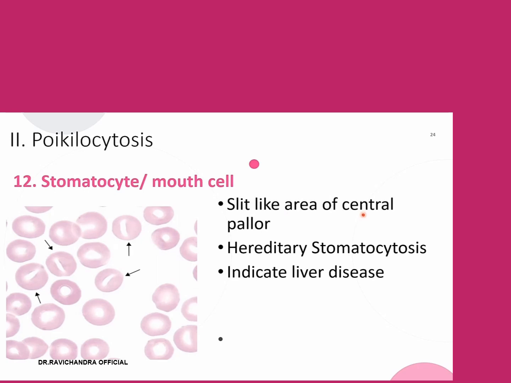Under this poikilocytosis, there is a cell called mouth cell or stomatocyte, which will have a slit-like area of central pallor, and these stomatocytes are most common in hereditary stomatocytosis, and they will indicate liver disease.